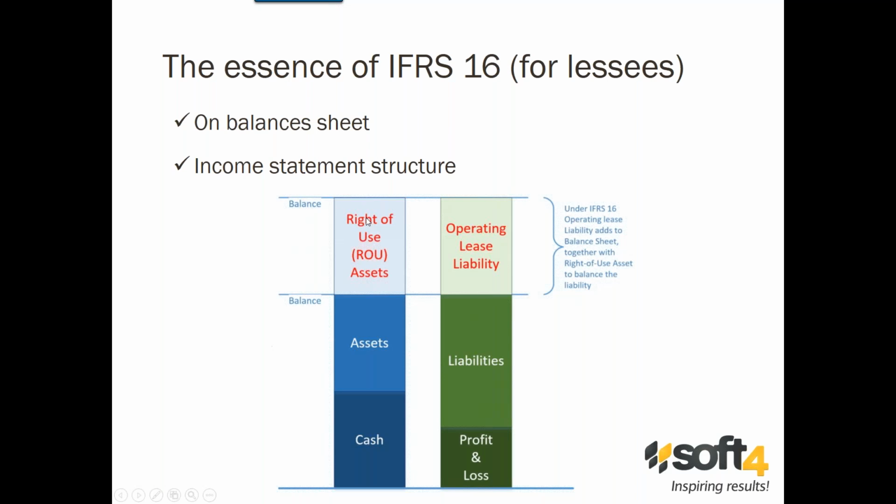That's the essential requirement. Let's say you have a long-term rental agreement for premises, and until now it was not on your balance sheet, it just went to your operating expenses. From now on you have to disclose it on the balance sheet.